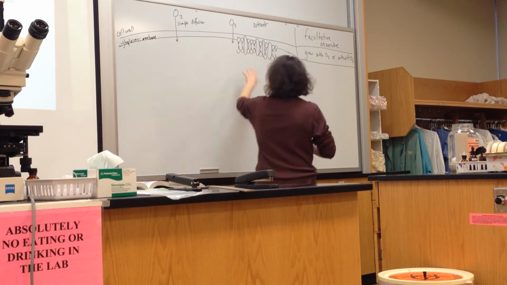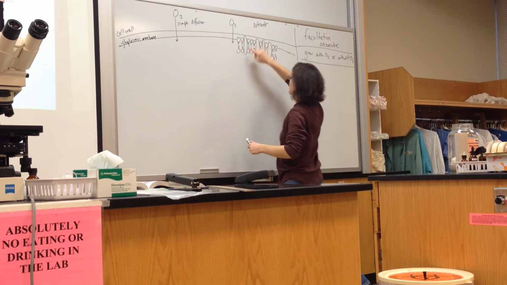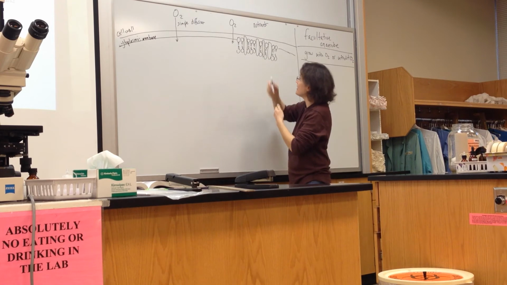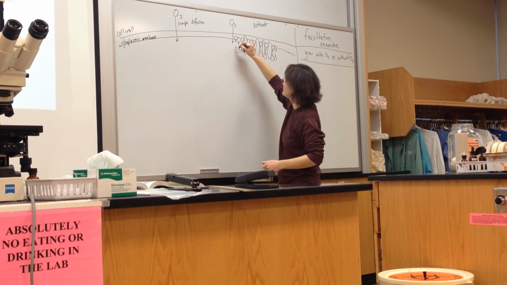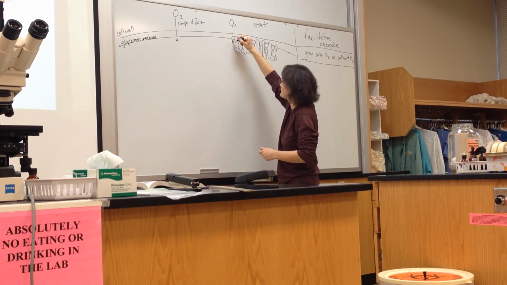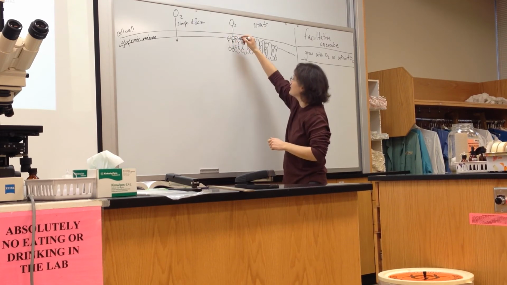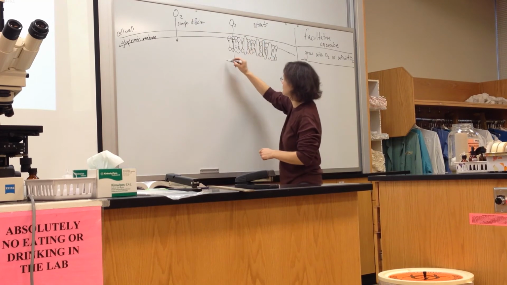All right. So we've got four different transport channels here, okay? And we've got oxygen here, small enough to go through our phospholipid bilayer. So oxygen, this is simple diffusion.